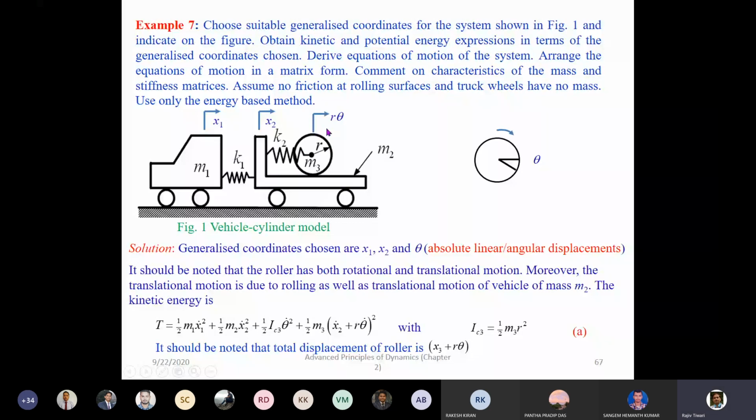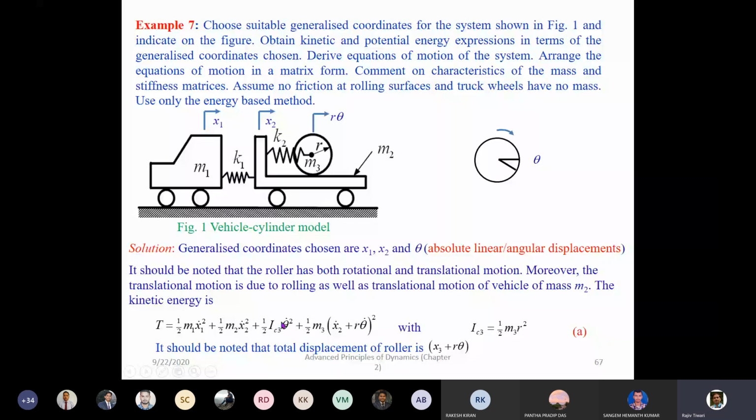This roller is rolling over the trolley and the trolley is moving. So the roller has two motions: the rolling as well as the translational. The rolling motion is half I C3 theta dot square, where I C3 is the polar mass moment of inertia of the cylinder. This is the rotational part.